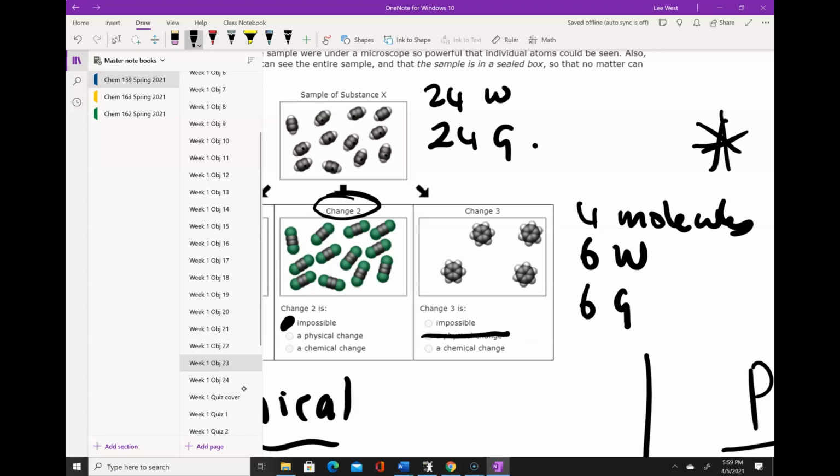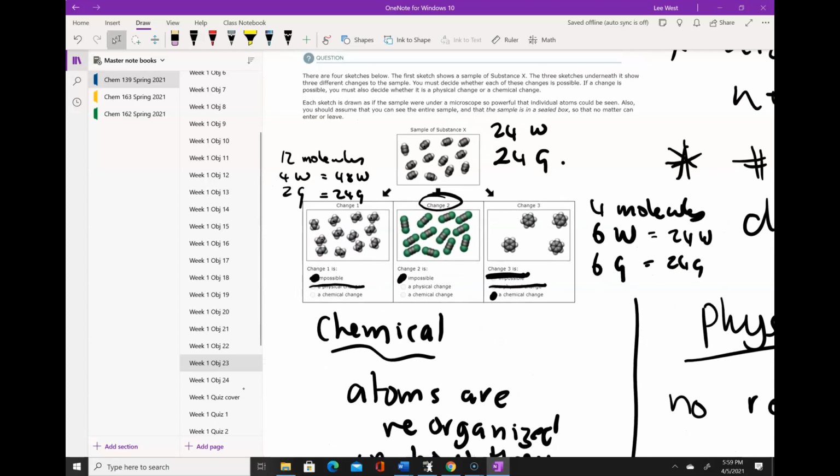So 4 times 6 gives me 24 whites, and 4 times 6 gives me 24 greys. So this one is possible, and it's a chemical change. Putting all of that together, we had 2 impossible and 1 chemical.